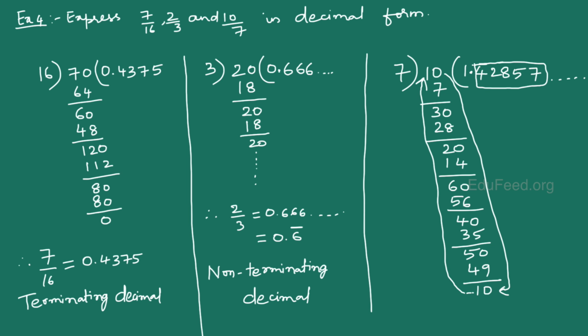So 10 by 7 would be equal to 1.42857 bar, which is a non-terminating decimal.